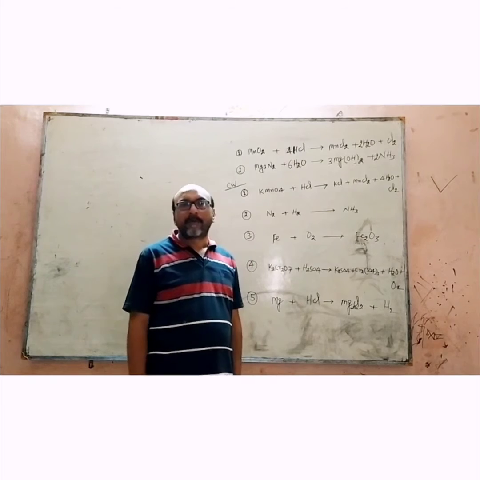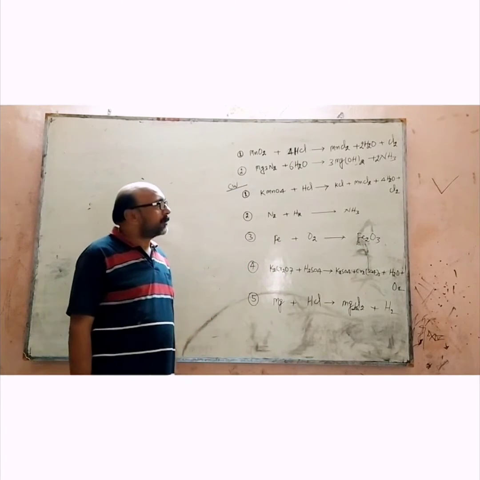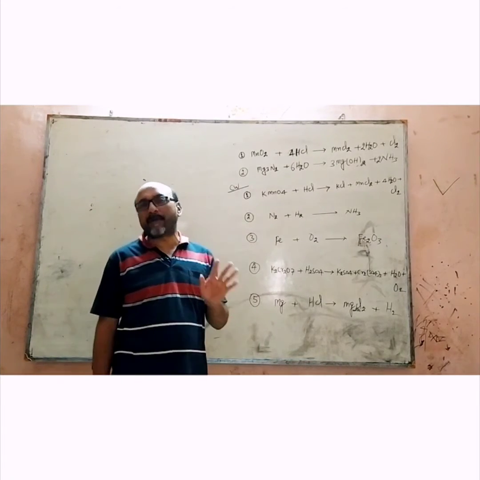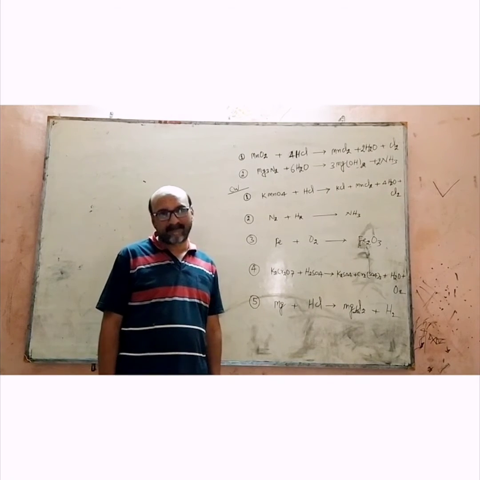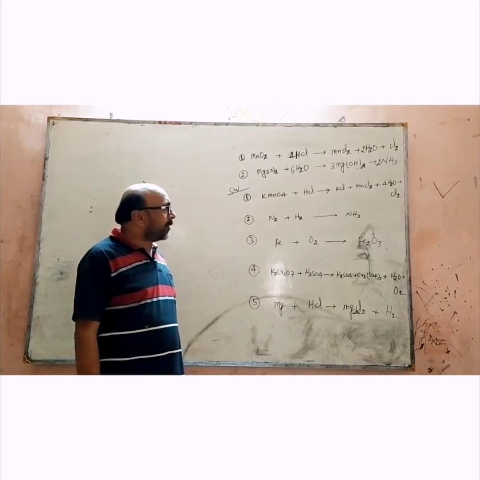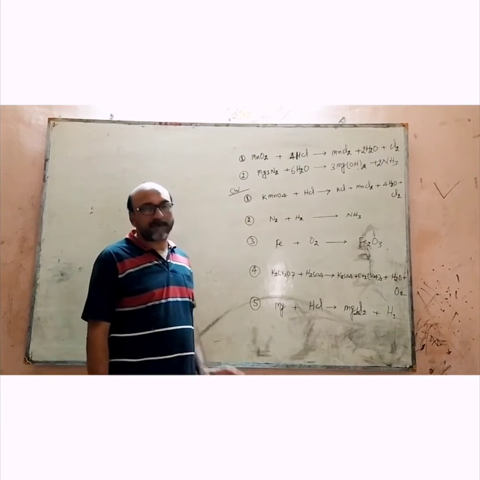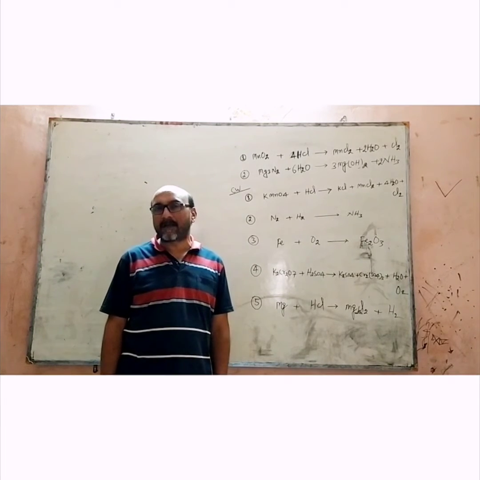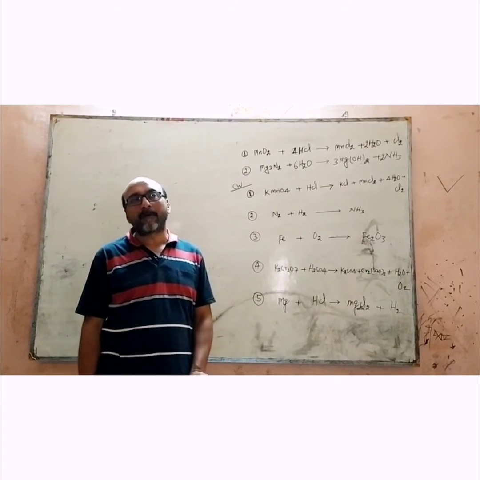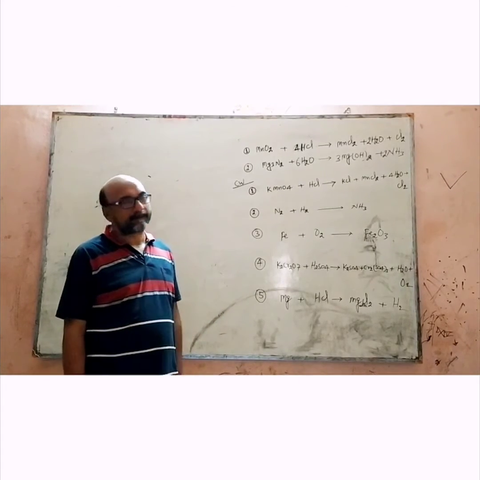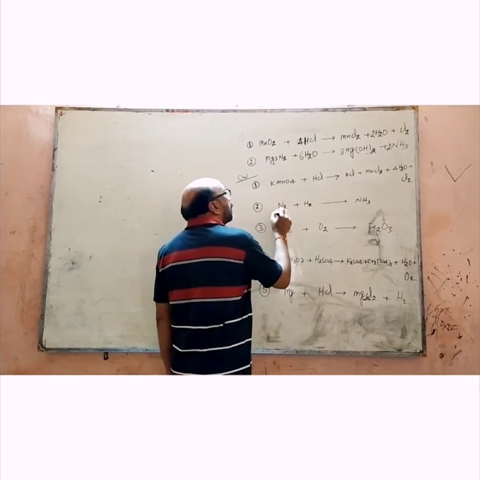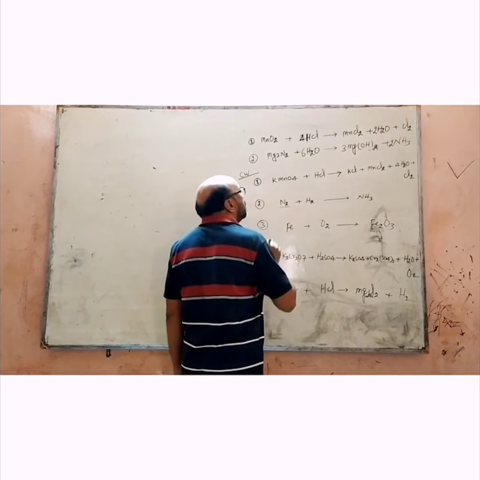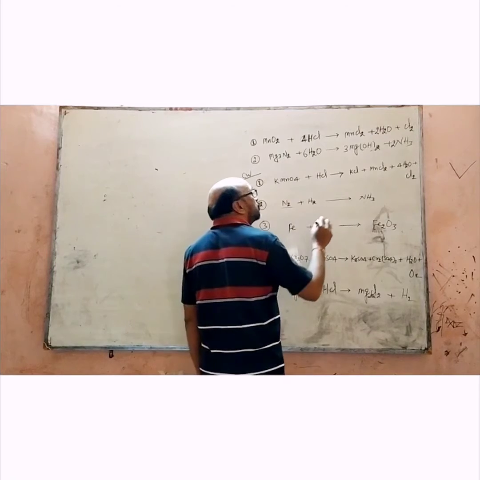Hello. If you have balanced the chemical equations, please check. I am balancing these equations which I have given you for balancing. Now the number of nitrogen atoms seen in the reactant is 2.